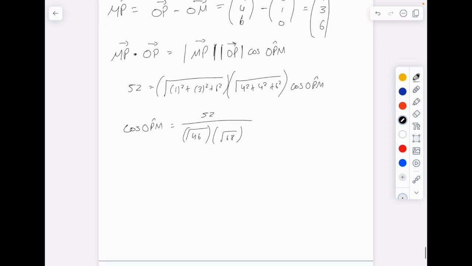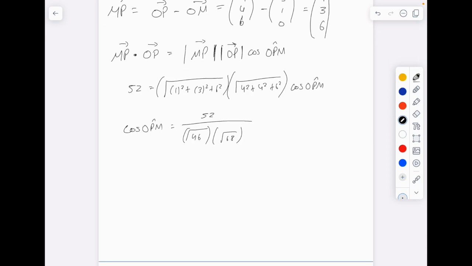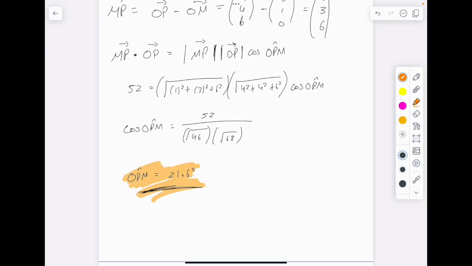Okay, and then if I plug that in now, guys, OPM is therefore going to equal 21.6 degrees. And that is going to be the final answer for number C.